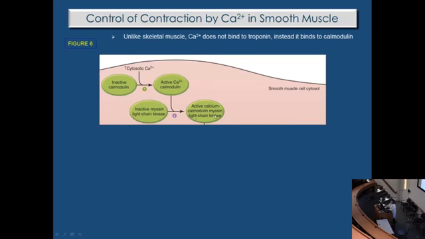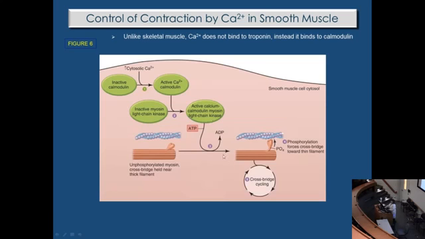Then this kinase, in turn, will phosphorylate the myosin light chains in the head of the myosin, and this phosphorylation will favor the attachment or the interaction between the cross bridge and the thin filaments, as is illustrated here. And after this occurs, we go into the cross bridge cycling. That is the same steps that we described for the striated muscle, right? Everybody remembers all the steps involved in the cross bridge cycling.